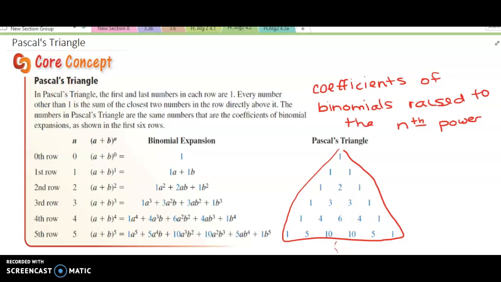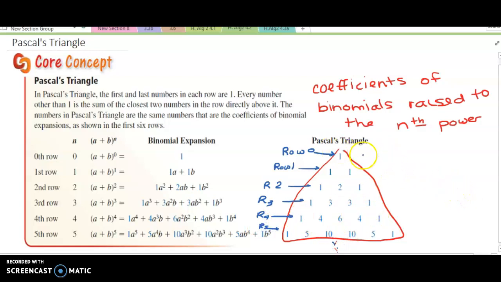Okay, so first of all, I want you guys to recognize that the top row, we actually start at row 0. Which makes this row 1, this row 2, this row 3, this row 4, and this row 5. And like I said, this keeps going and going. We can go all the way to infinity.